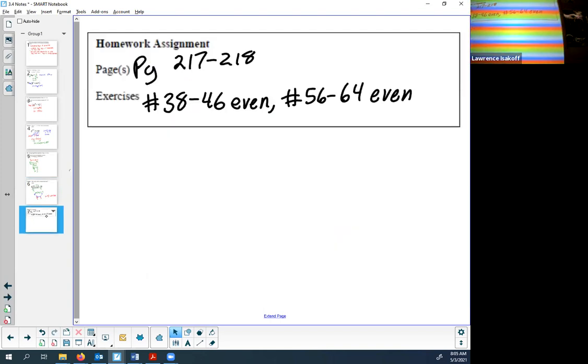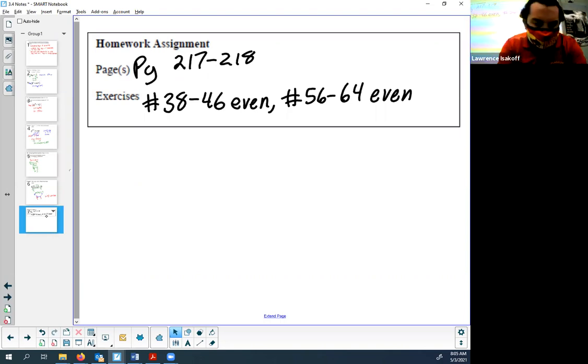So we do have our homework page 217 through 218. We're going to do 38 through 46 even, and 56 through 64 even. So when we look at these problems, I believe the first group deals with getting it out of the exponent, so we're going to need to take logs.